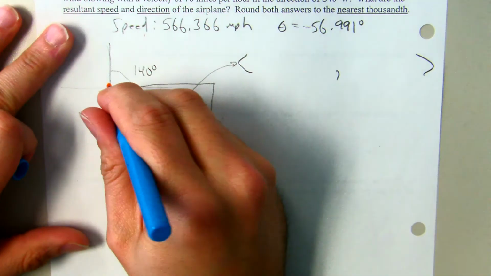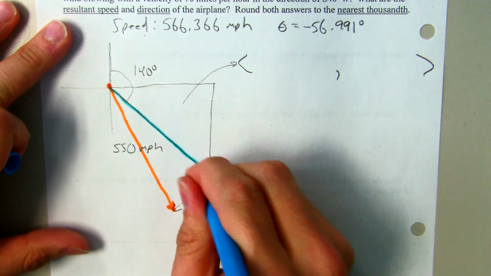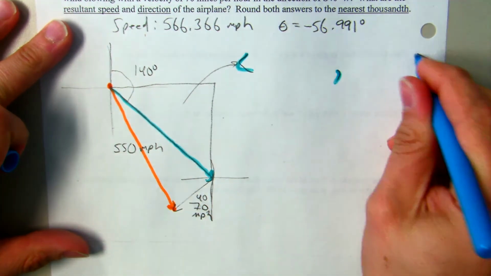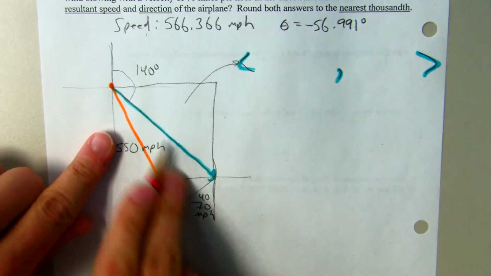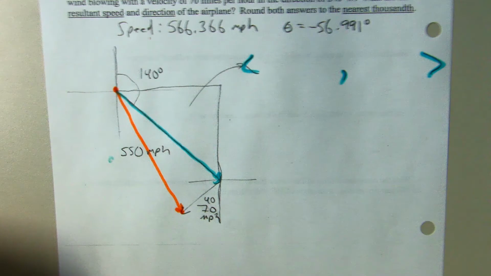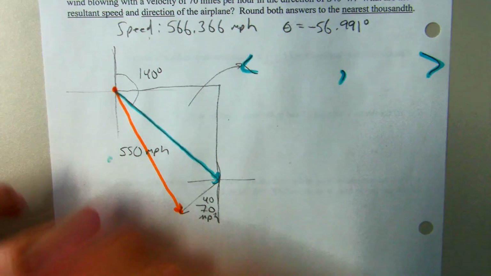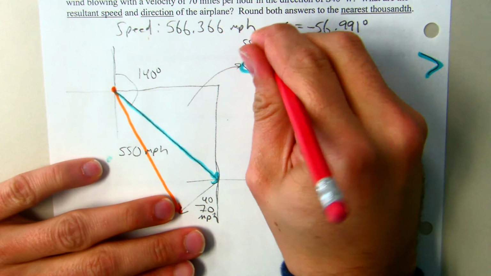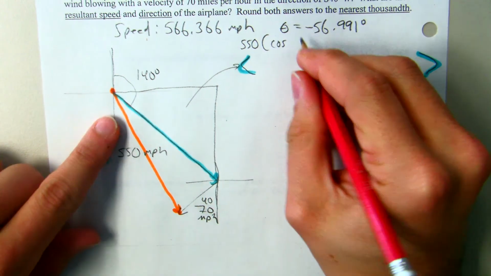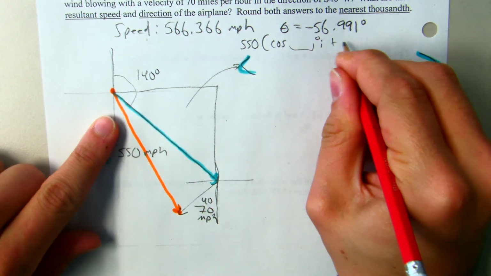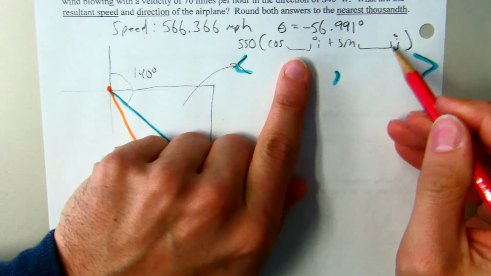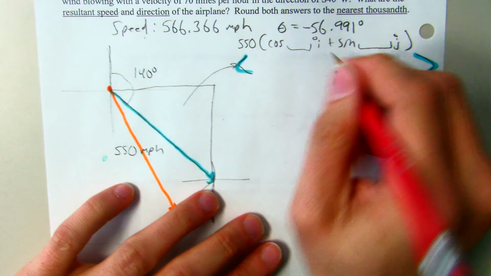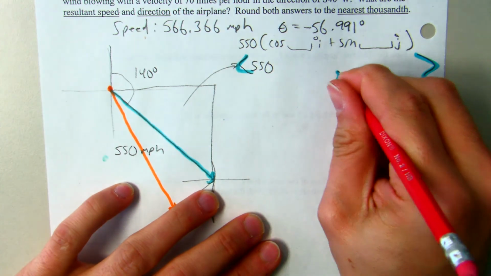Usually use these colors to help you see. And this one, yeah. So there's my airplane. So 550 miles per hour would be the magnitude. Find out by the cosine of the angle i plus the sine of the same angle j. That would give me trig form. I'm going to distribute the 550.